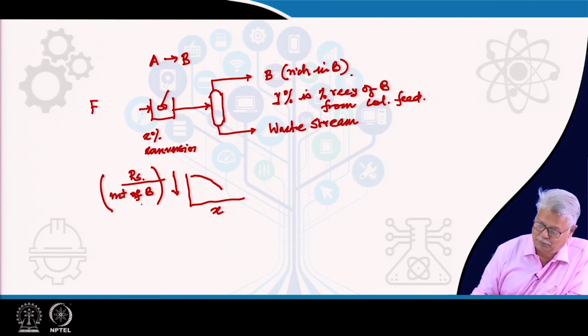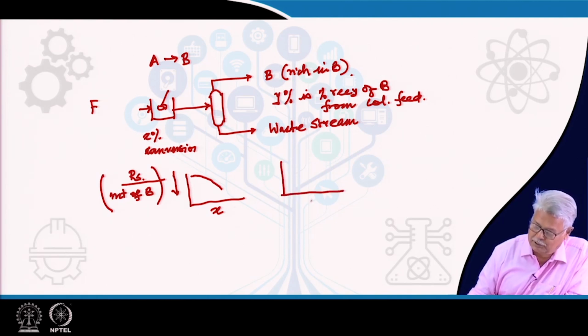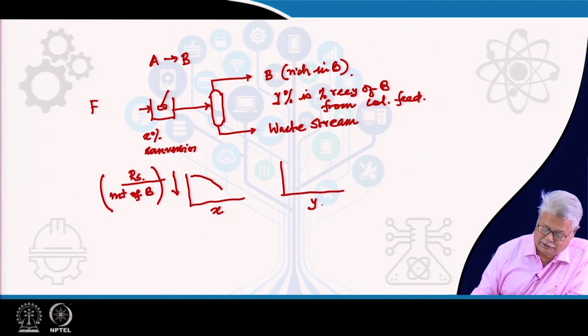the reactor comes down. And similarly, if we plot against Y the recovery of cost, that means the recovery cost is basically in rupees per metric ton of B in 1 metric ton feed to column.